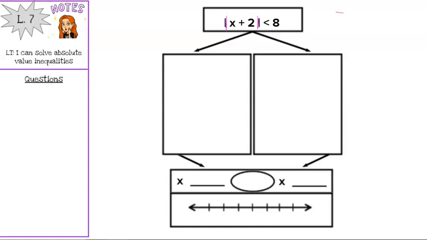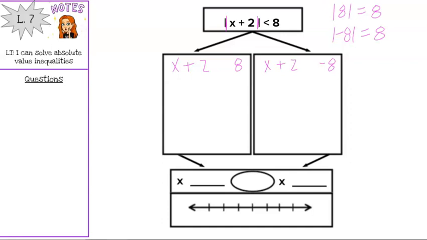So I know that the absolute value of 8 is equal to 8, and the absolute value of negative 8 is also equal to 8, which means what's inside the parentheses, that x plus 2, has to be equal to either positive 8 or negative 8.